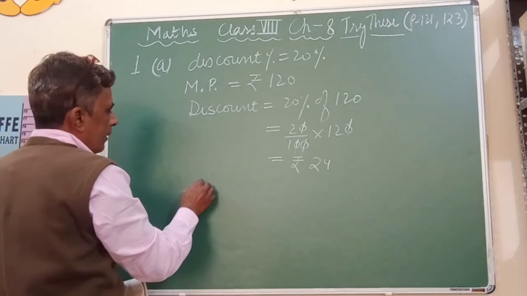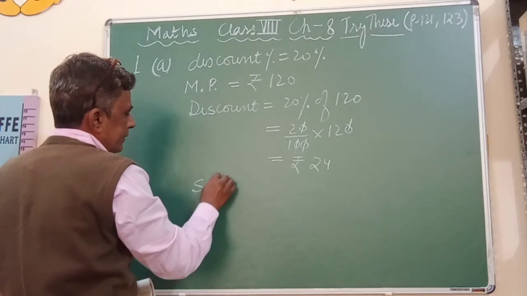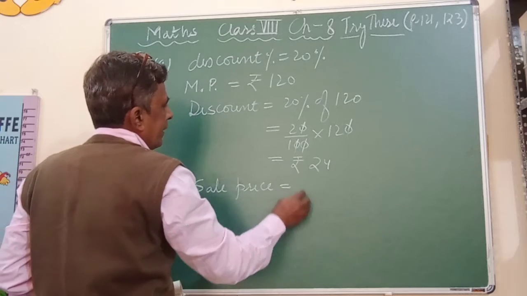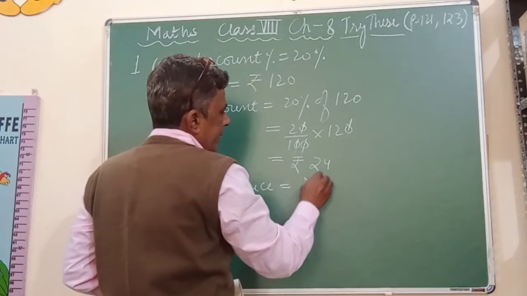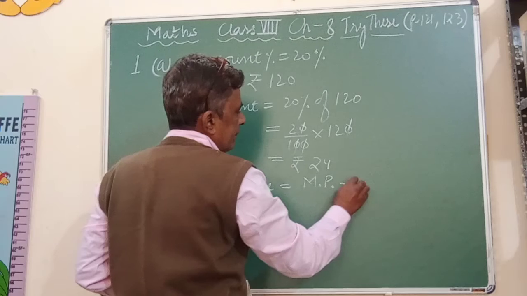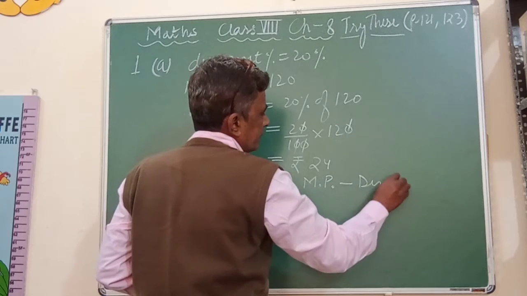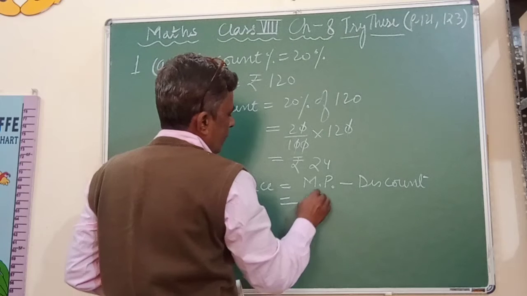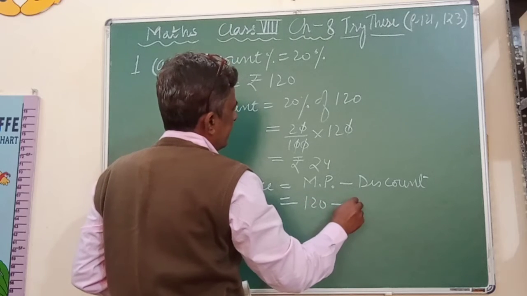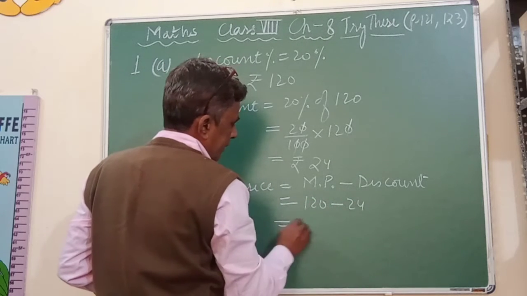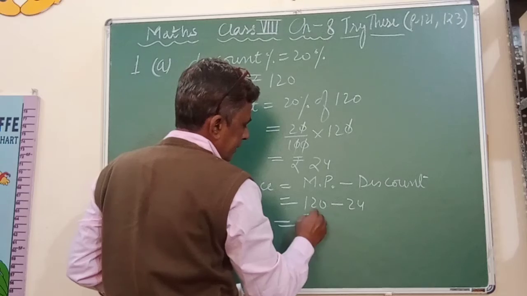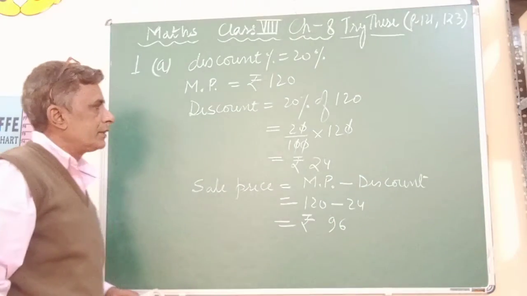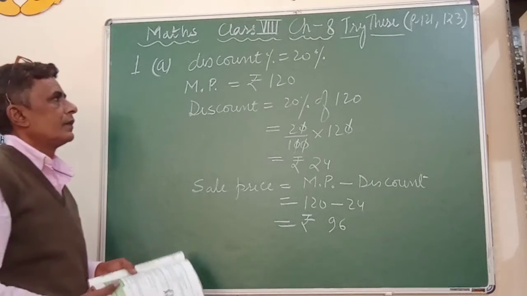Now we will use the formula sale price is equal to MP, that is mark price, minus discount is equal to 120 minus 24 is equal to rupees 96. This is the answer for the first question.